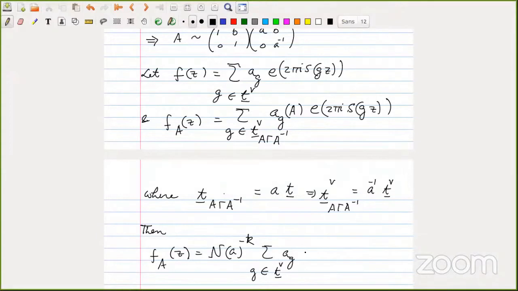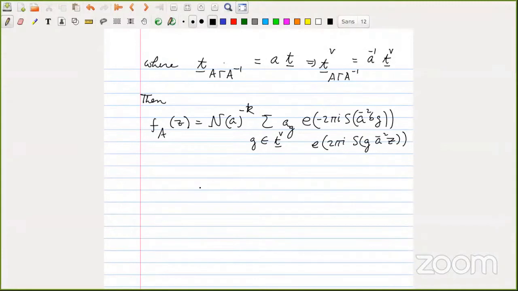It has a lot of notation, but there will be a minus here in the first case, e to the power minus 2 pi i s of g, and then e to the power of 2 pi i, the trace of g squared z, like this. This is some simple calculation which you can see from here.